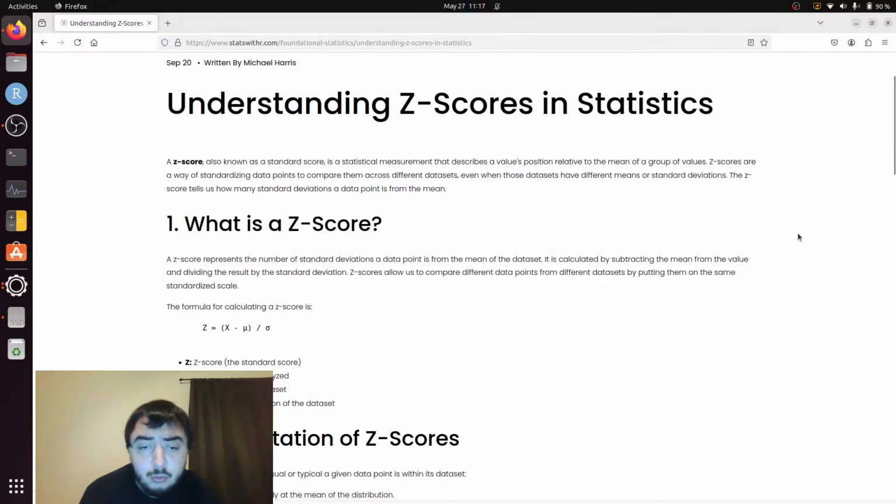Okay, so let's talk about what's going on here. We take each value and subtract the mean of the data set and divide by the standard deviation. So what we're actually doing is we're taking the prior mean of the data set and subtracting it from each value. And that process in itself is making the mean of the data set equal to 0.